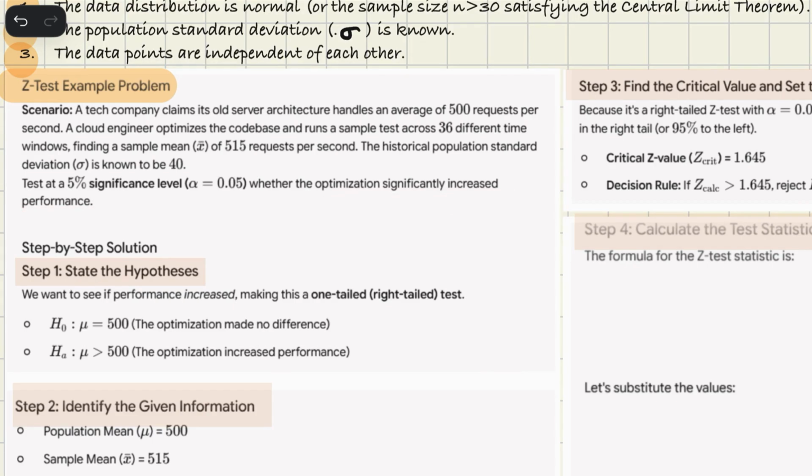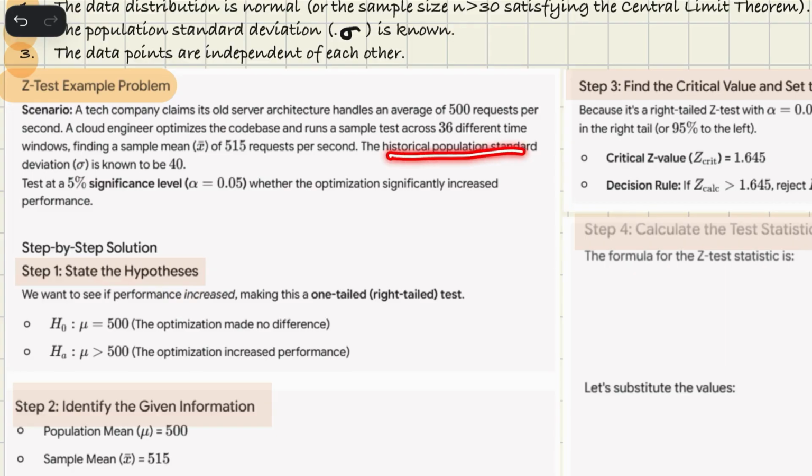So what did you identify from these things? First of all, before writing anything down, check your triggers. Is the sample size greater than 30? Here the n is equal to 36, right? So check. Now we check if the population standard deviation is known.